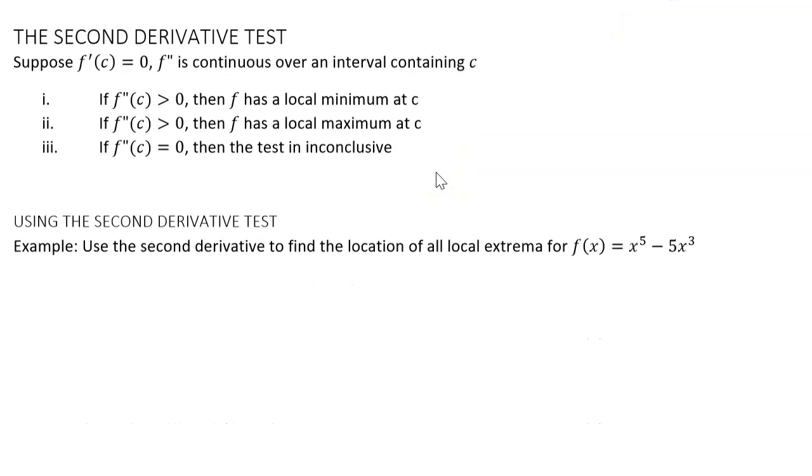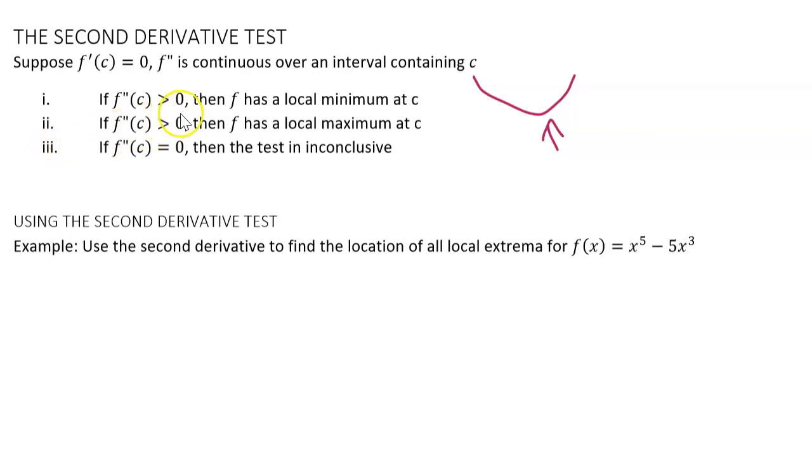Finally, we're going to move on to the second derivative test, and this is the way the test is summarized in our textbook. Suppose that the derivative is equal to 0 and that the second derivative is continuous over an interval containing that critical value. Then if the second derivative is positive, you have a local minimum, meaning if it's concave up, you're looking at a min.